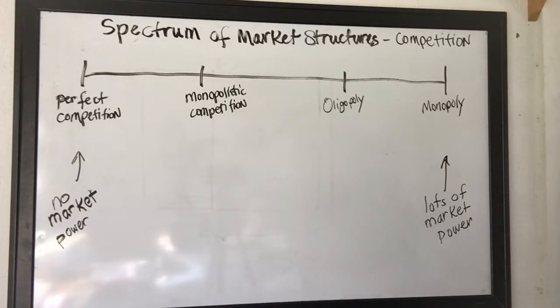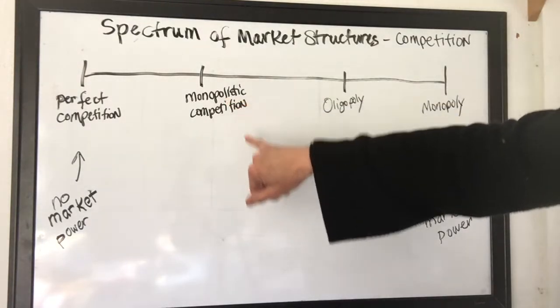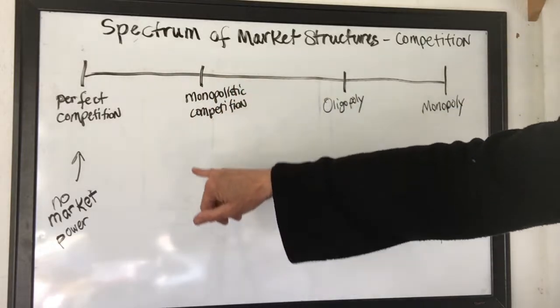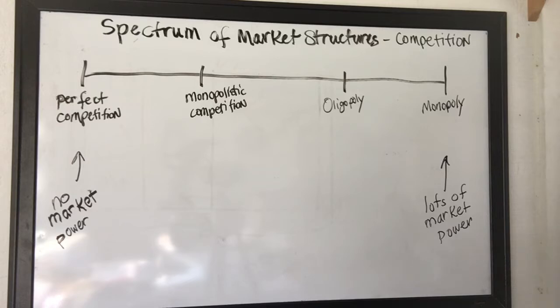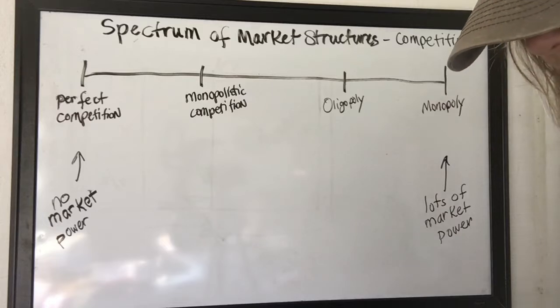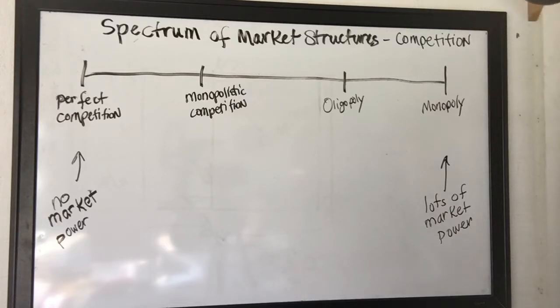It might be Nike, it might be Kylie Jenner Cosmetics, it could be lots of different things. In this type of an industry, you have many competitors. It's easy to get in and out of the industry, but you do have some market power if, again, you can differentiate yourself either through your packaging or your delivery or your messaging or your product or your service, whatever it is.